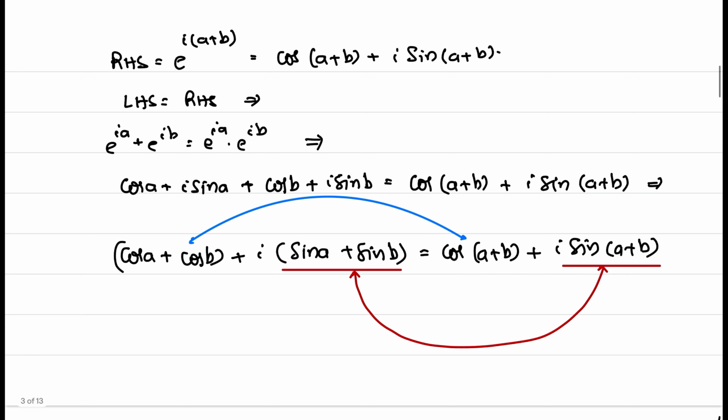Real parts: cos A + cos B is equal to cos(A+B). Imaginary parts: sin A + sin B is equal to sin(A+B).